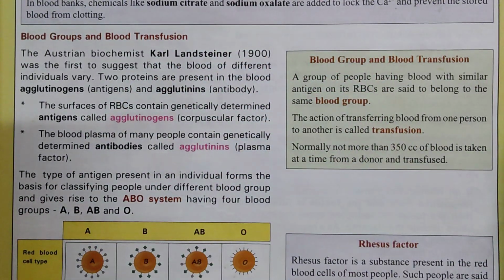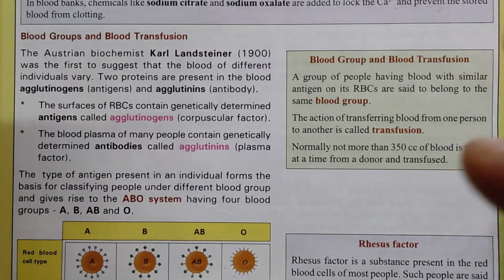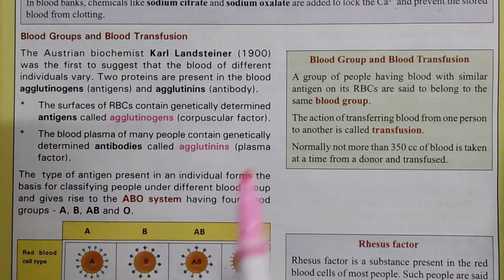This distinguishes the different types of the ABO system. That's why it is said that a group of people having similar type of antigen on its RBC will have the same blood group.